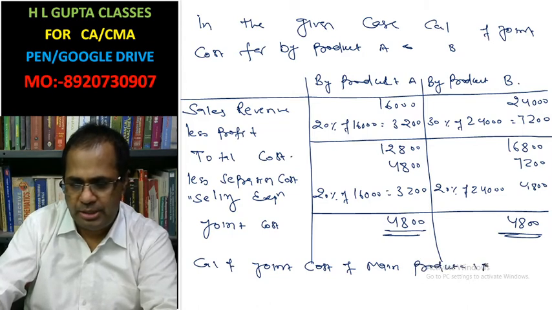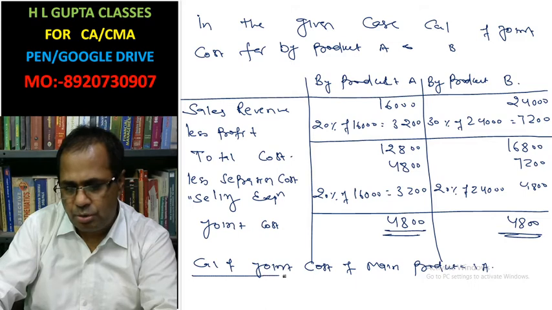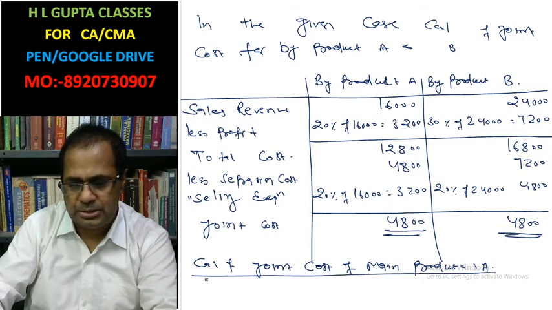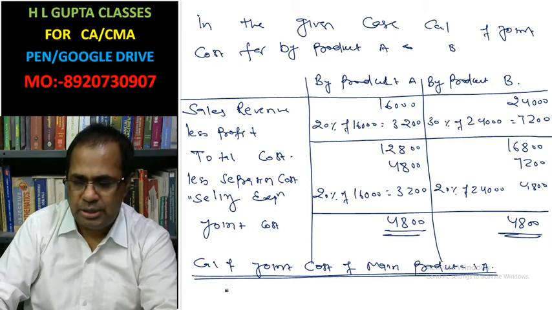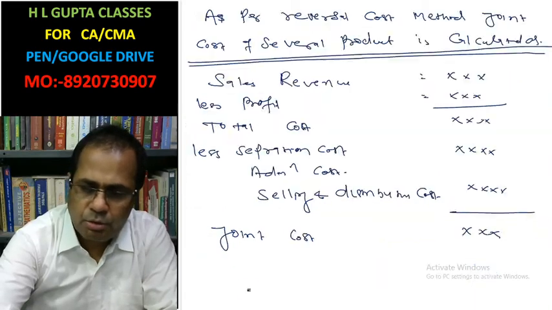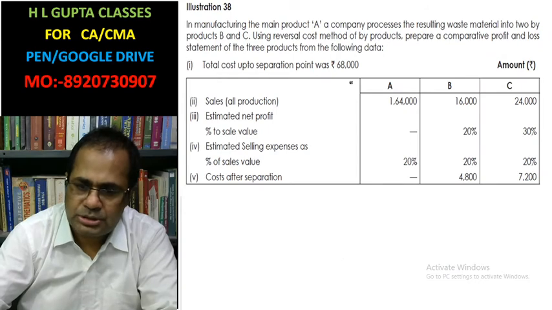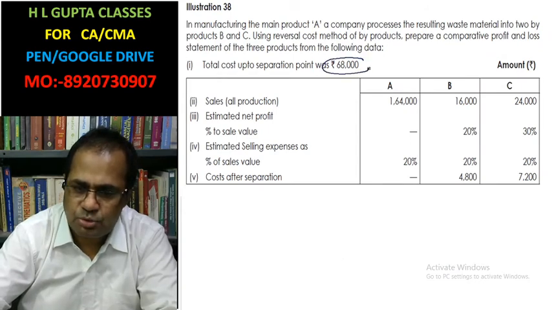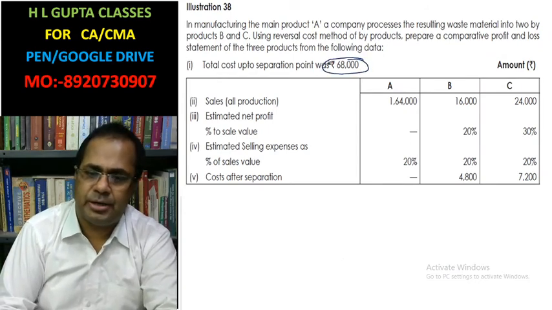Main product A. How will you calculate the joint cost of main product A? Please look here. The total joint cost is given as 68,000.